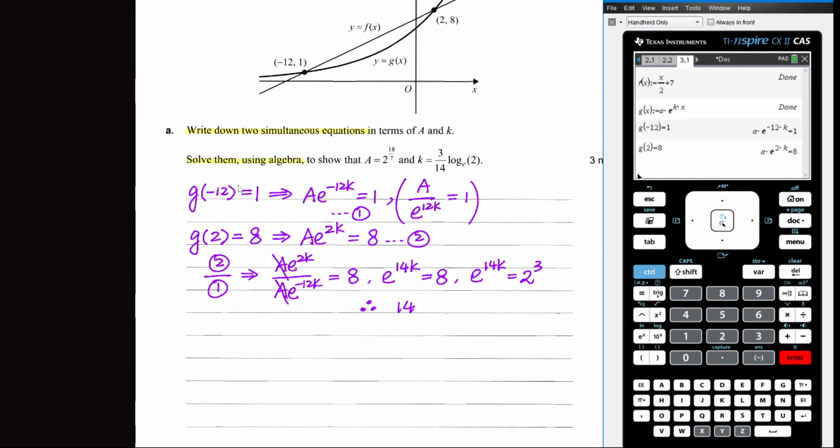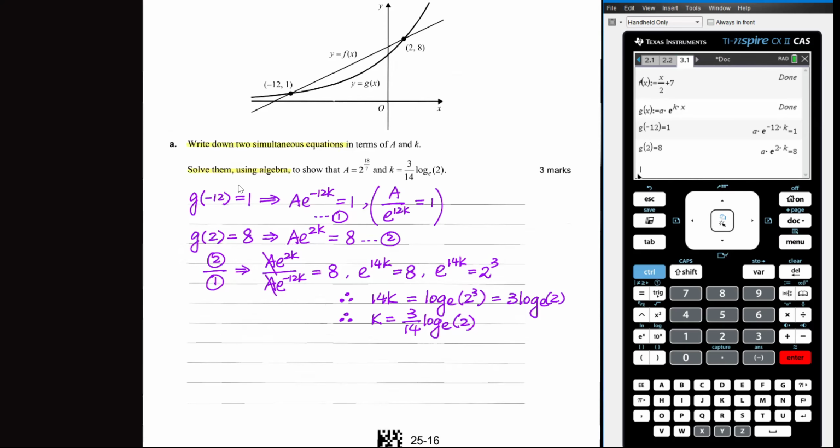So you will have 14k equals log e of 2 to the power 3, that is 3 log e of 2. And therefore, k equals 3 over 14 log e of 2. This is completing the first stage.